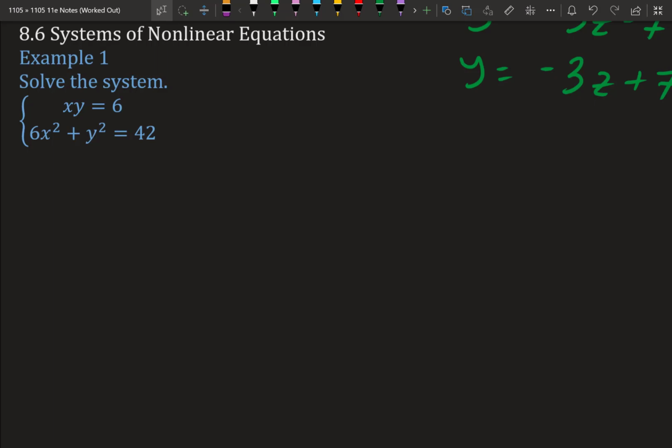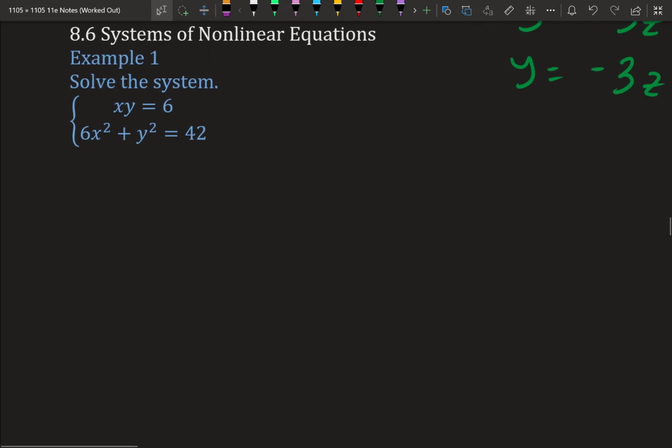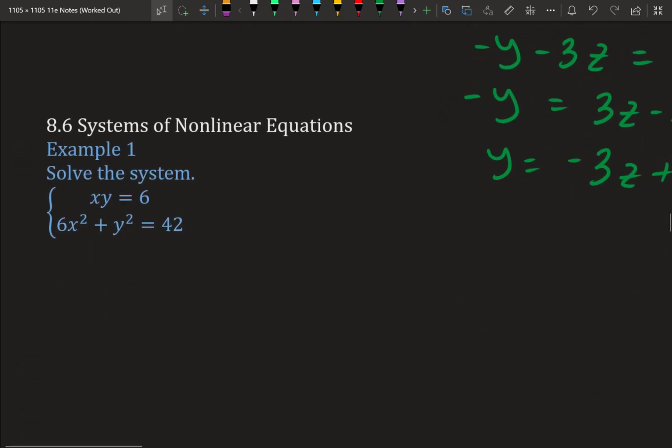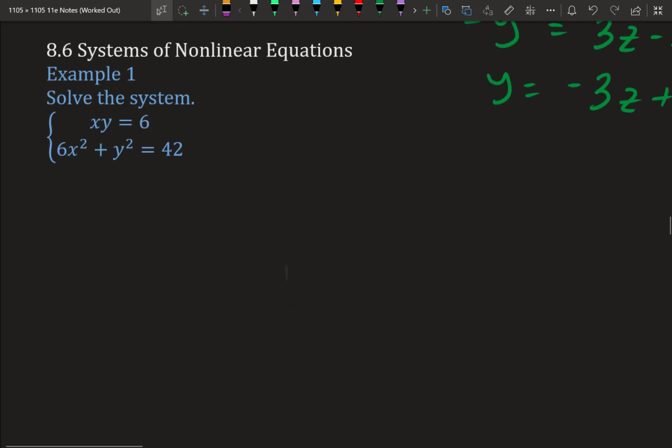So, I cannot use elimination, which is what we did up here in 8.1. I can't do it because do they have any matching variables? They don't. X squared, y squared, that's different than x times y. So I can't use elimination. I have to use substitution.